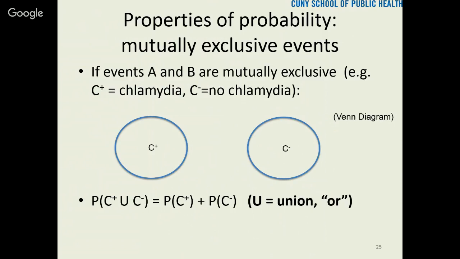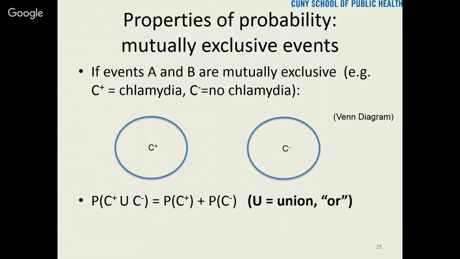There's a 0 probability of having C positive and C negative if they're mutually exclusive. If the two events can occur together, the probability is by definition more than 0, right?